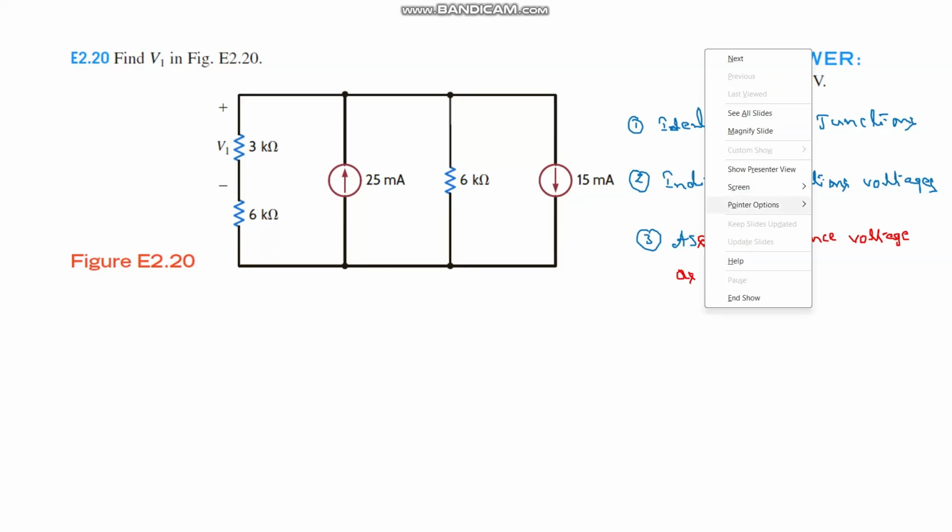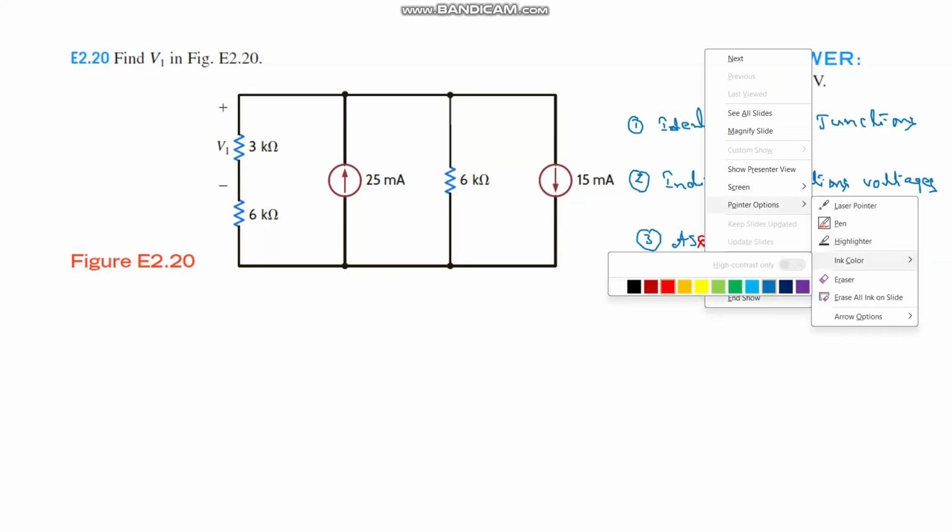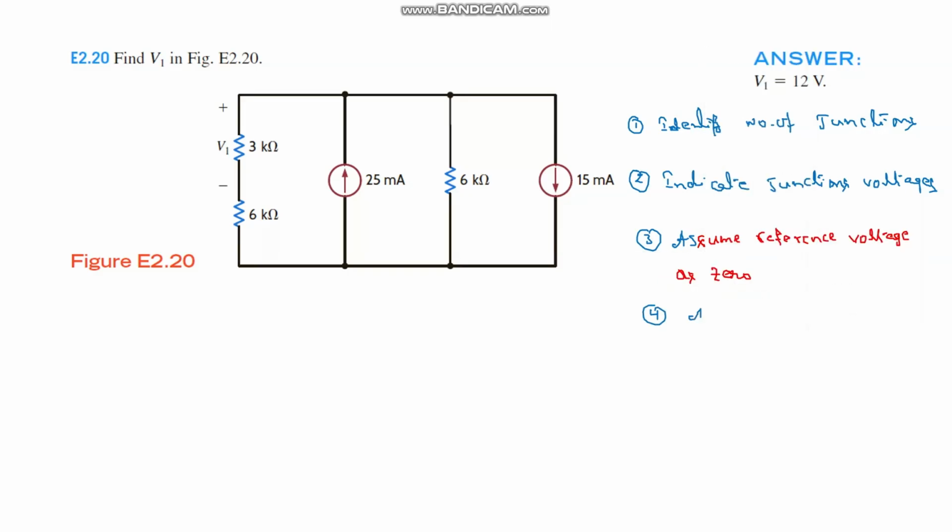And the fourth one is apply KCL at each junction except the reference junction. So these are the four steps we have to follow while applying KCL or nodal analysis.